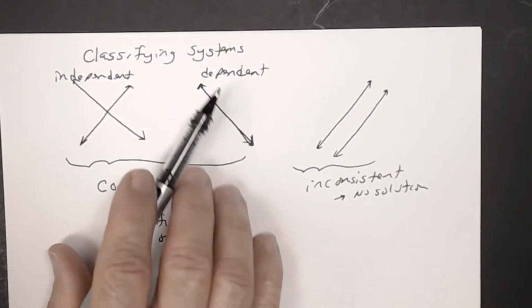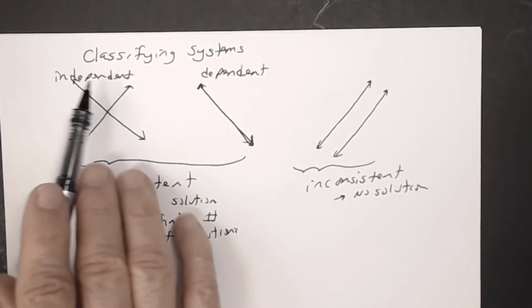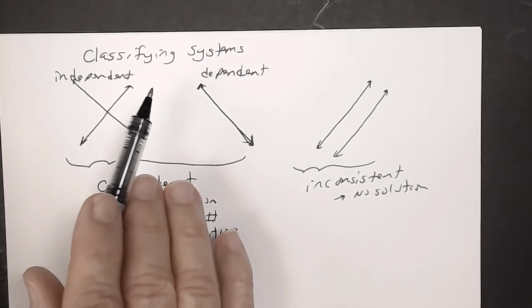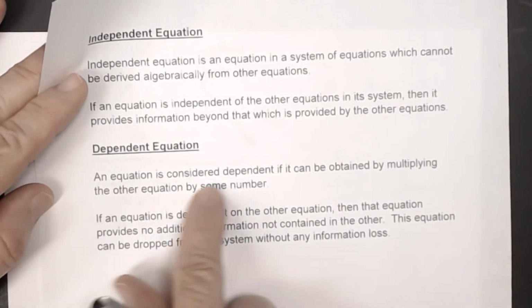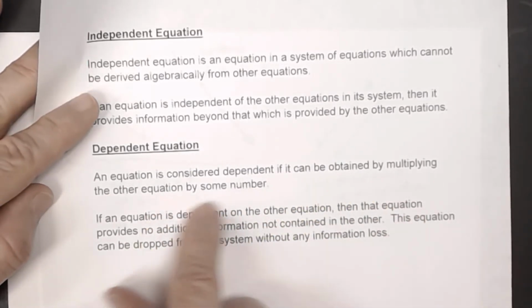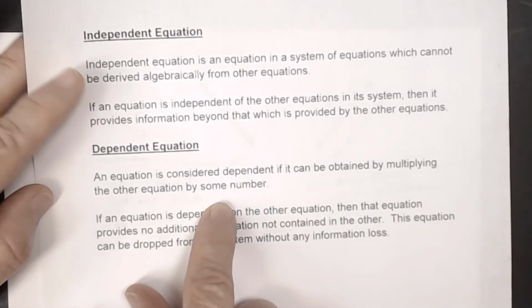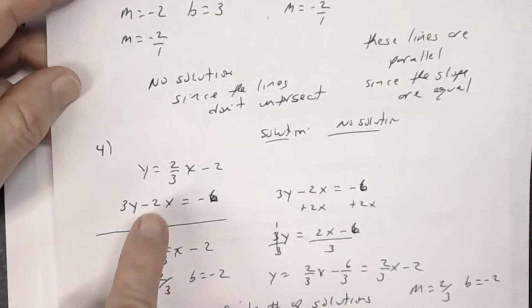If the lines intersect, the equations are independent. But let's go a little bit further. Let's understand why. A dependent equation is an equation that can be obtained by multiplying the other equation by some number. So let's go back now to number 4.